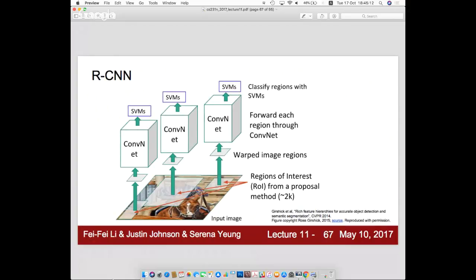Then after the convolution net, you get enough information to figure out what class they came from. But that is only classification. You still need your bounding box, which is for localization. So the output of the convolution net goes to the SVM, as well as the bounding box regressor.